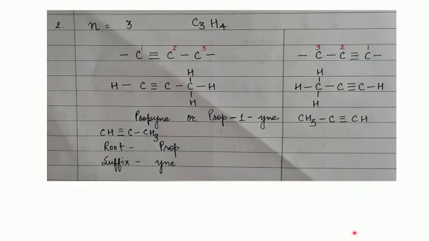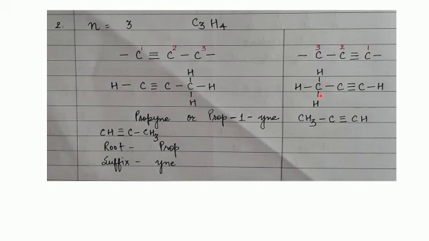We can even change the position of the triple bond. Now if I show the triple bond here, I will have to start numbering from the right side, 1, 2, 3, so that the carbon atoms between which the triple bond is present get the smallest number. It is between carbon atoms 1 and 2, out of that the smaller number is 1.